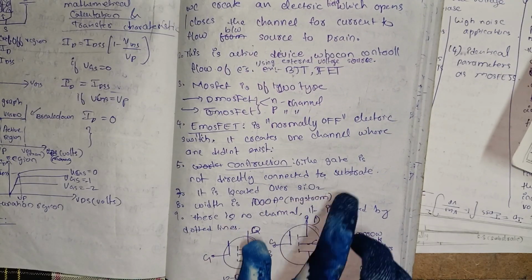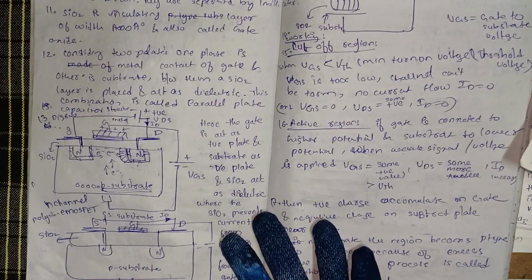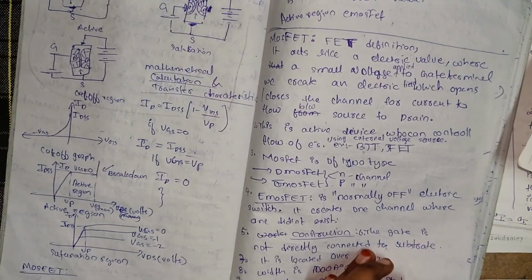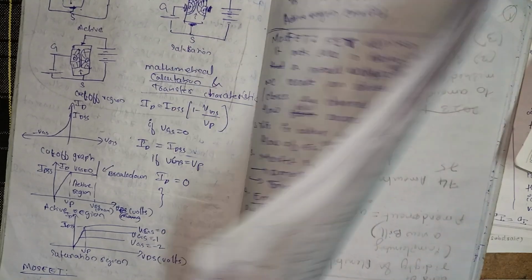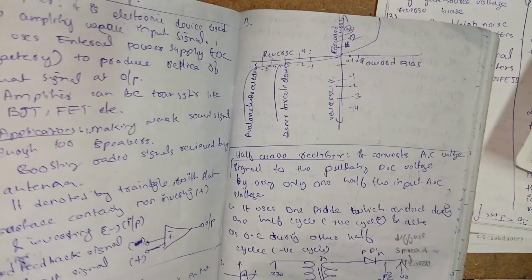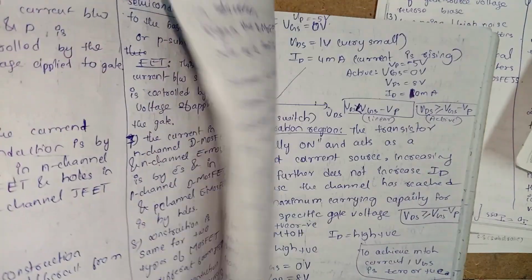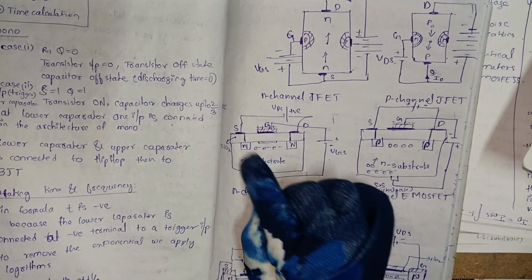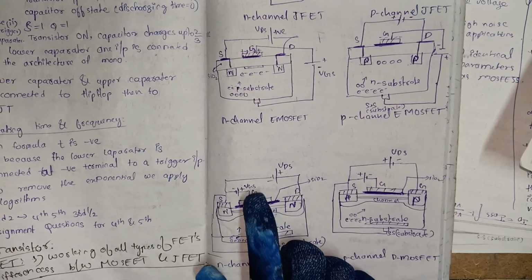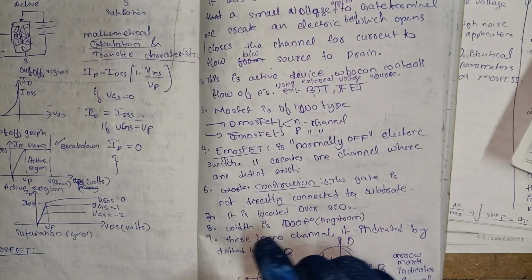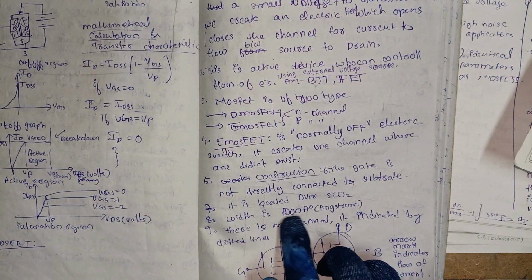The gate is not directly connected to the substrate, because silicon dioxide is in between, with a width of 1000 angstrom.